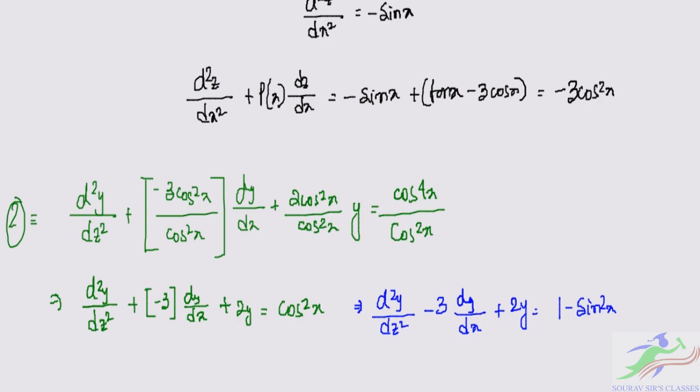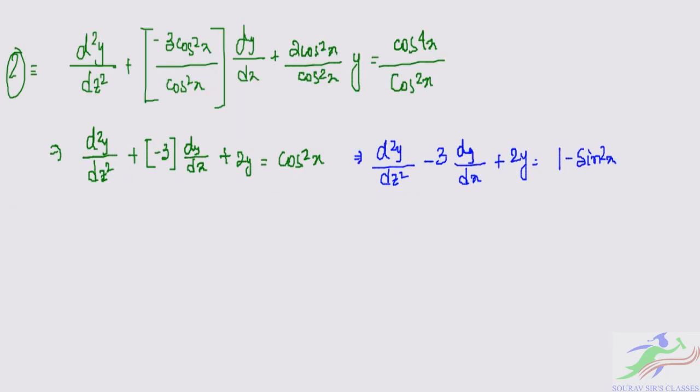So this sin x we can write as z. So d2y/dz2 minus dy/dx plus 2y is equal to 1 minus z square.